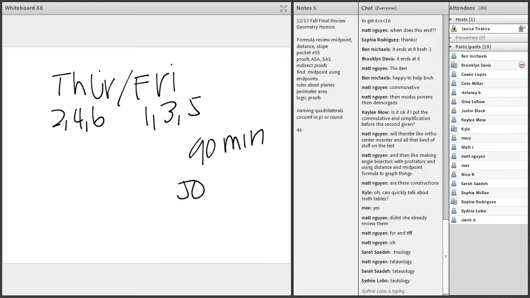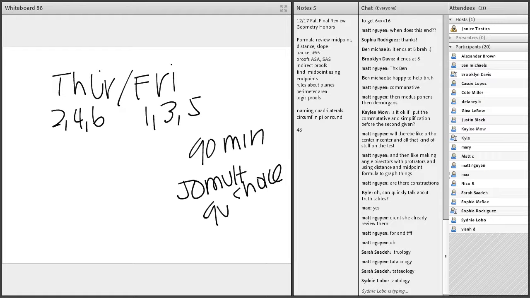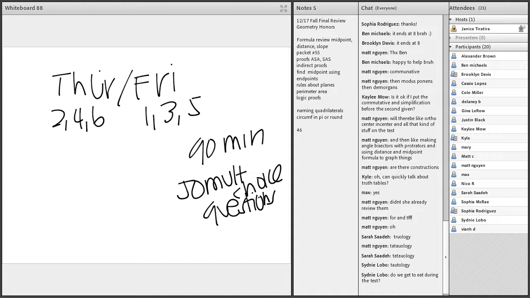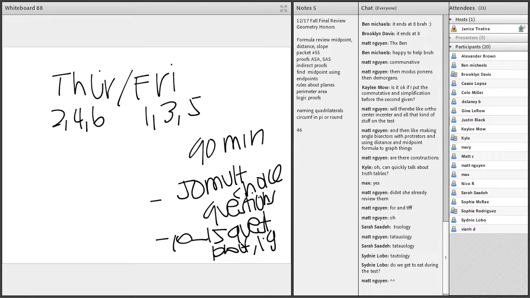You'll have 50 multiple choice questions, and those are pretty fast, like find the midpoint, find the distance, find the next term, what's the converse, what's the contrapositive. And then you'll have approximately 10 to 15-ish questions that are proof related, logic related, circuit related, everything that's on the front page of your packet.